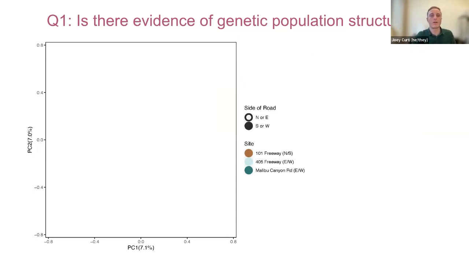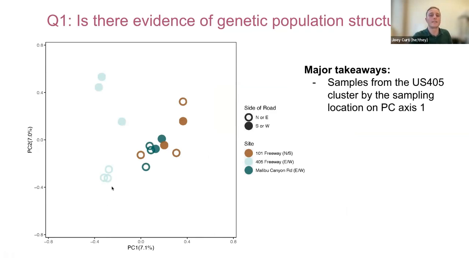Okay, so getting into our actual genomic data. These are the results of the PC analysis. I'll walk you through how to interpret this. Along the x-axis here, one of the main takeaways is that samples from the 405 freeway, pictured in the sky blue color here and here, if we look just along the x-axis, all of these samples are together on the left-hand side, whereas everything else is here on the right-hand side and all mixed together.